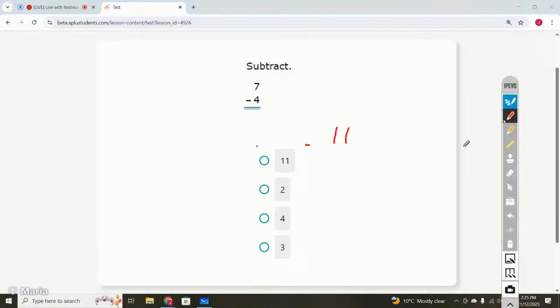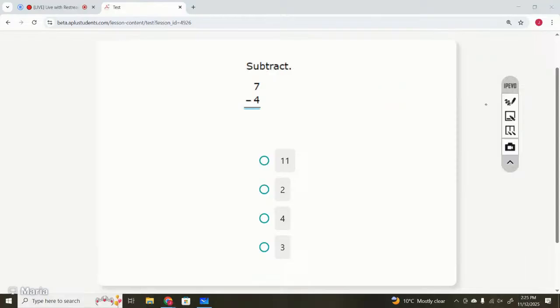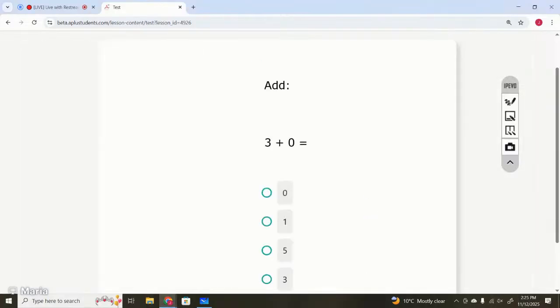So 4, 5, 6, 7. So 7 take away 4 is 3. Add 3 plus 0.